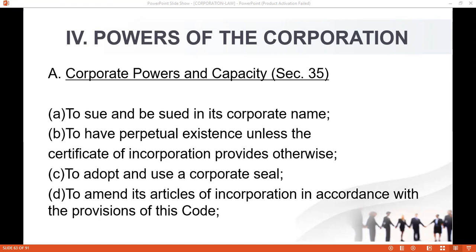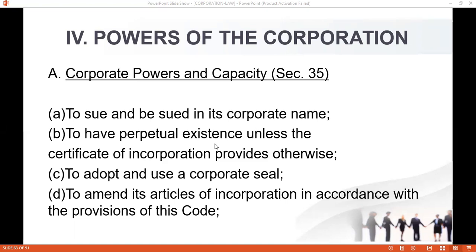Implied powers, those that can be inferred from or necessary for the exercise of the powers of the corporation or exercise of the express powers. Because there are actions or powers that are not expressly provided for by the law but may be considered as implied powers, para ma-execute ng corporation properly yung kanilang express powers. Let us say, for example, to sue and be sued in its corporate name. This is an example of express power.